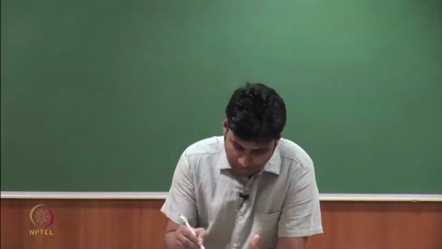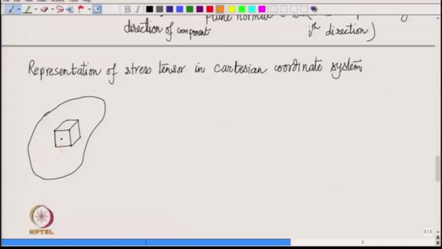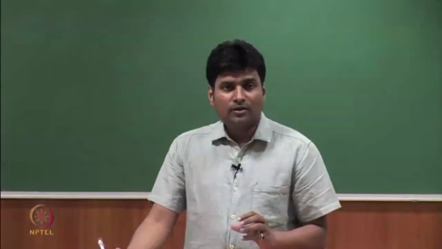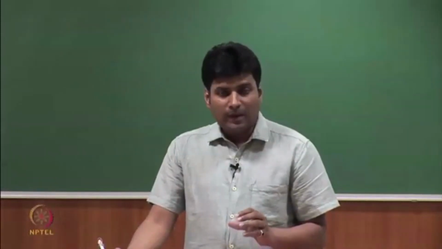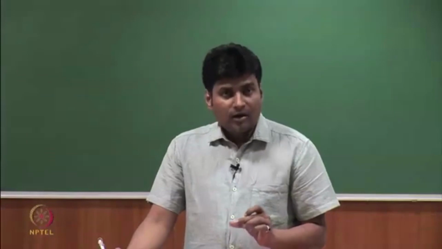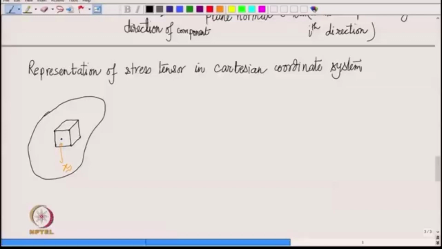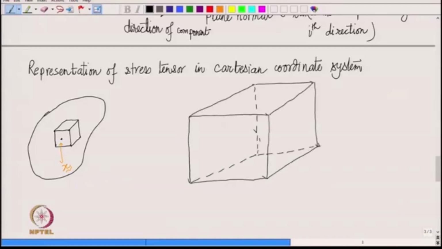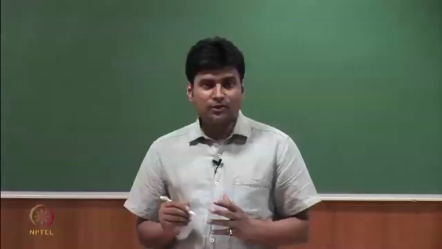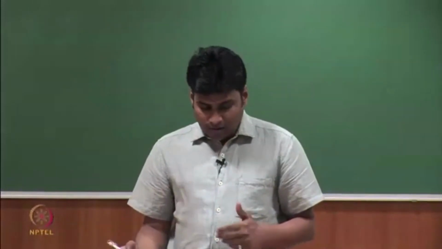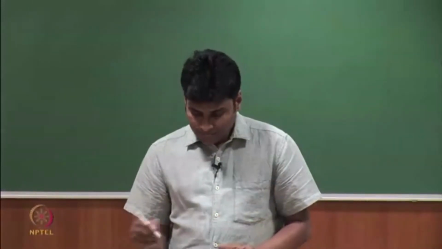Okay, and the center is the point x. So, that is the point x where I want to get the stress. So, this cuboid has to be infinitesimal, so that the planes are very close to the point x. Okay. Let me zoom this cuboid. So, I make a very bigger cuboid, all right. So, it has those 6 faces along E1, E2 and E3.